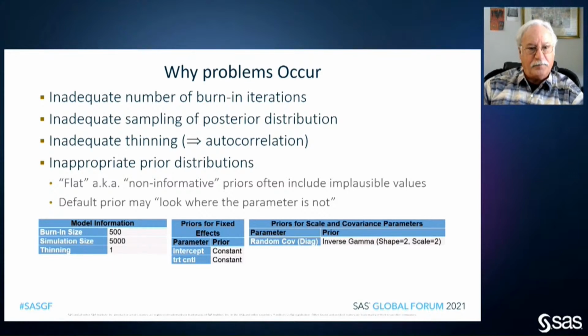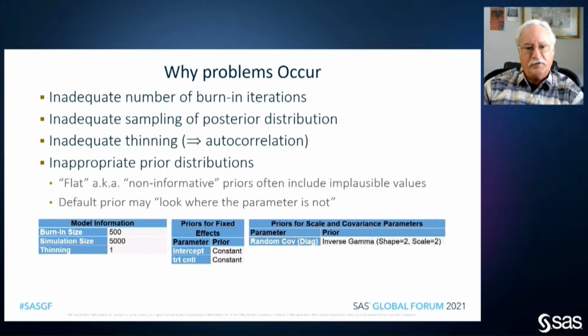We could also think about priors, and by default BGLIMM is using non-informative priors, so this constant for the intercept and the treatment effect is essentially a uniform distribution from negative to positive infinity. And the problem with that is that it includes a lot of territory where we know the parameter is not.